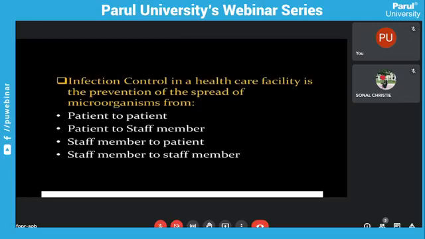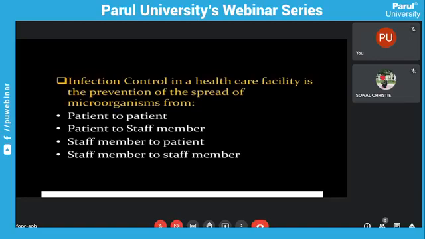Then patient to staff members, from any infected or contagious patient to any healthcare provider. Then staff members to patient. Then staff member to staff member. By these four routes, we have to control the spread of microorganisms. Mainly microorganisms are transferred from patient to patient, patient to staff members, staff members to patient, and staff members to staff members.